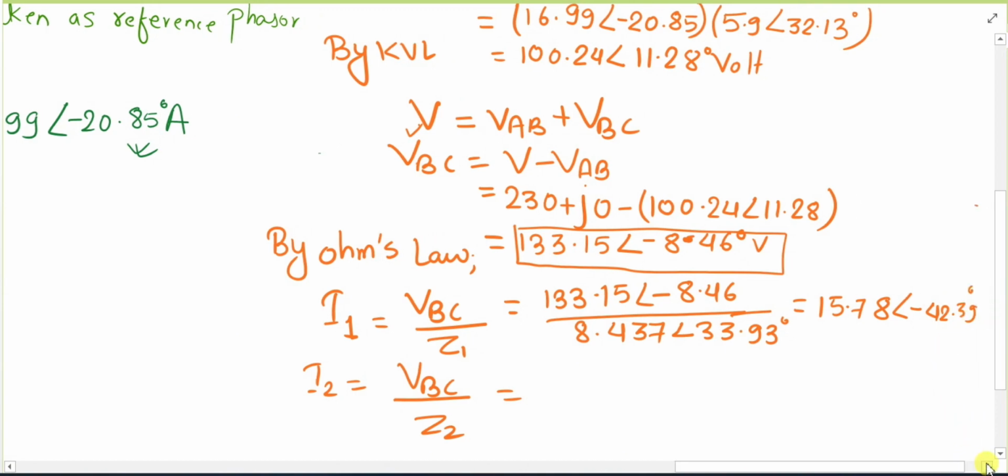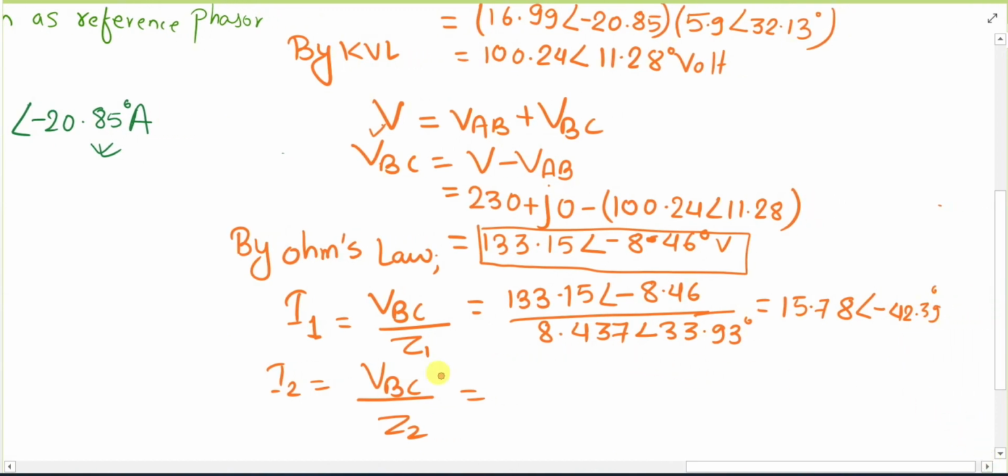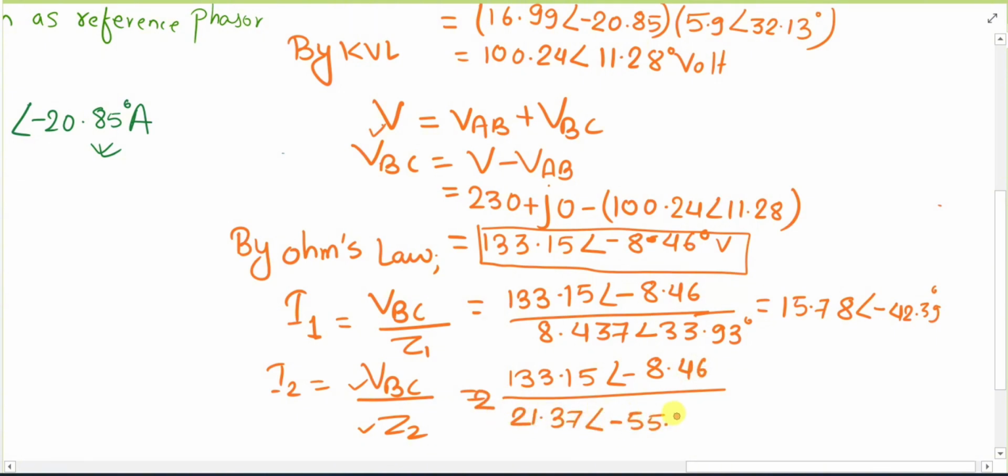Similarly, after substituting the values of VBC and Z2, you will get the current I2 as 6.23 angle 47.37 degree. That's how you can identify the values of I1 and I2.